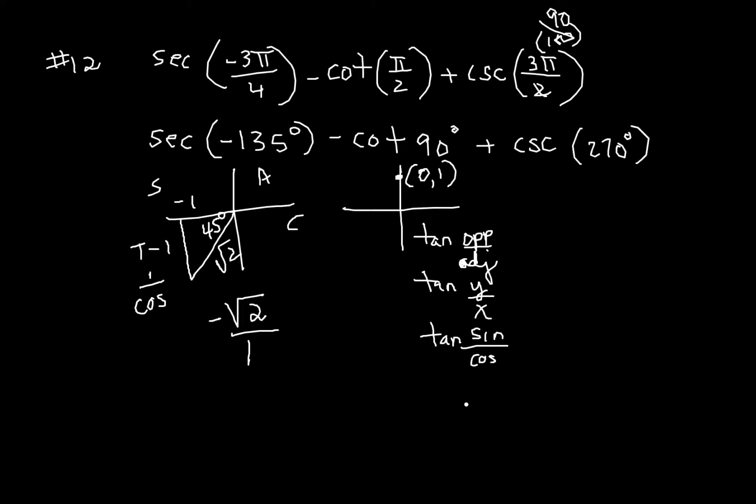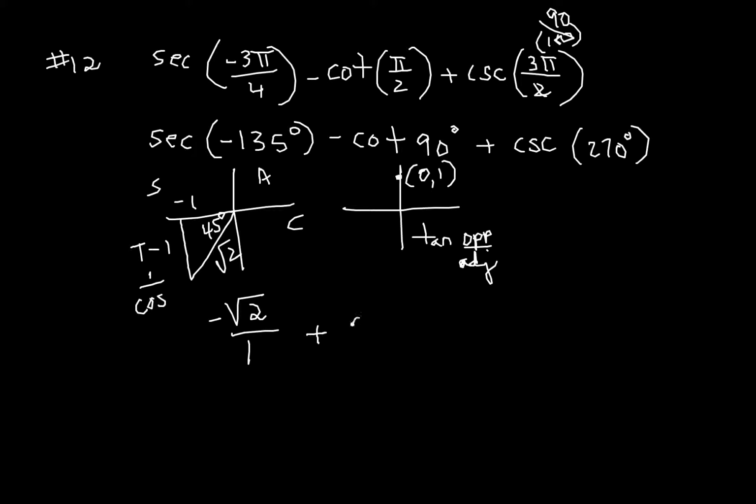Those are all the different ways you can write tangent. So we're going to flip it, so it's going to be cosine over sine, so it's going to be 0 over 1, so it's just going to end up being 0.